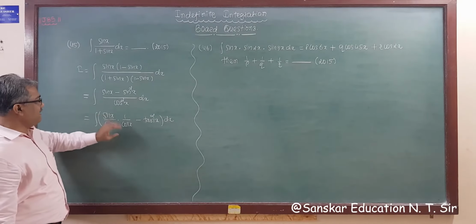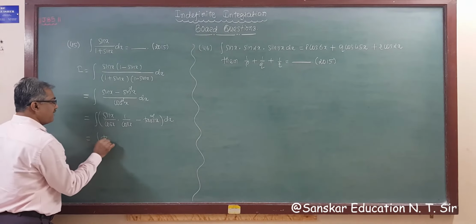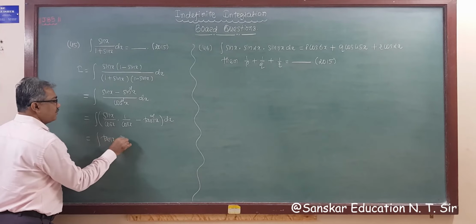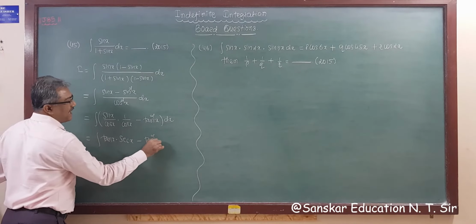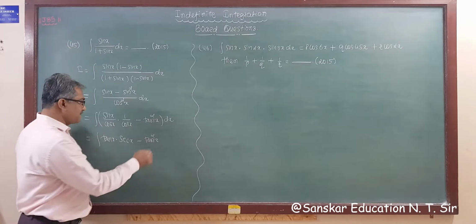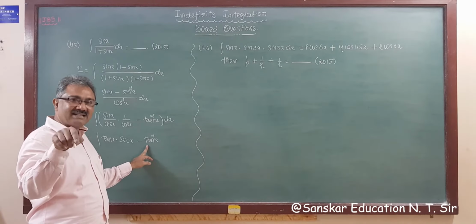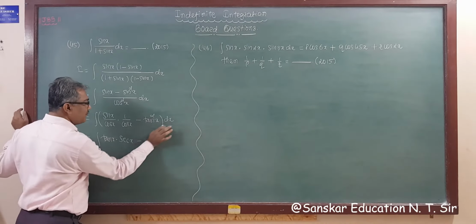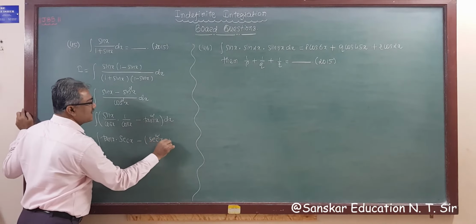Now this is tan x into 1 upon cos x, which is sec x. So this is integration of tan x into sec x minus tan square x. There is no direct integration of tan square x, but you have a formula: integration of tan square x is tan x minus x. If you don't want to write it directly, convert it into sec square x minus 1.